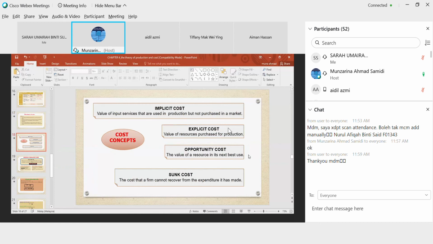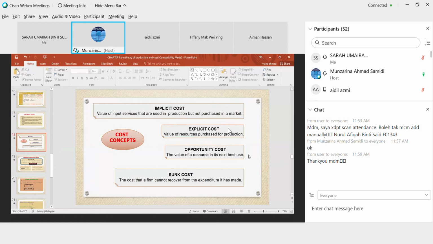The opportunity of you becoming the owner of your own business is the next best use. So if that is the highest offer that you receive for your expertise and for your skill from outside, that is your opportunity cost. So the opportunity cost of owning your own business is 100,000.